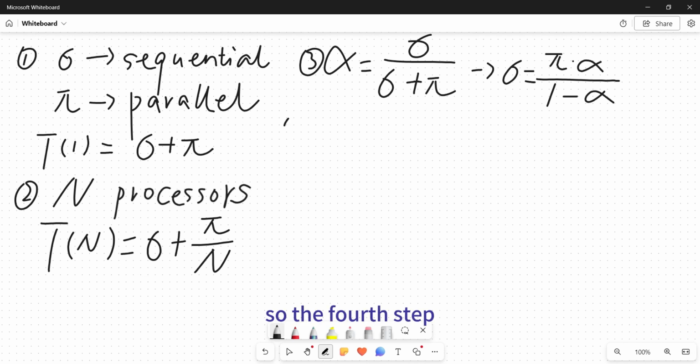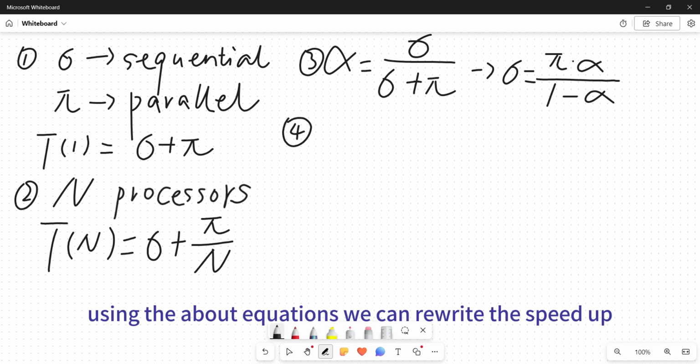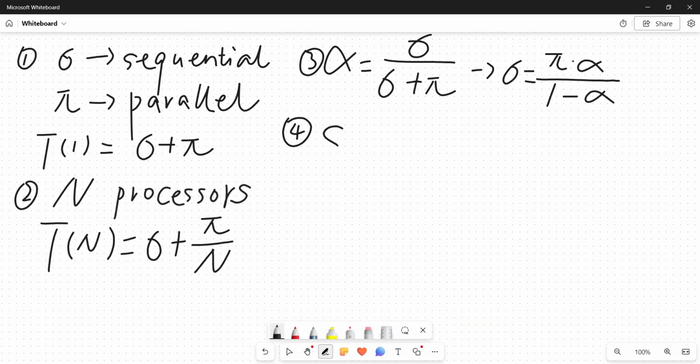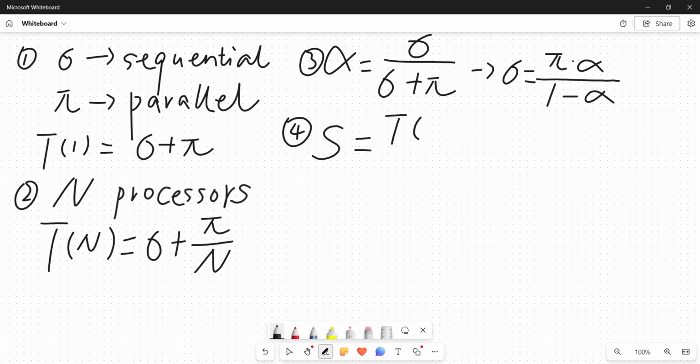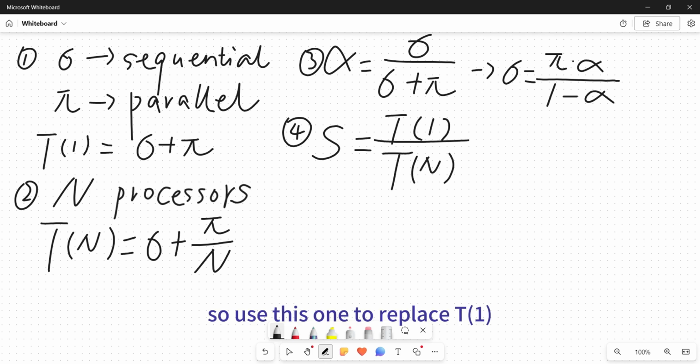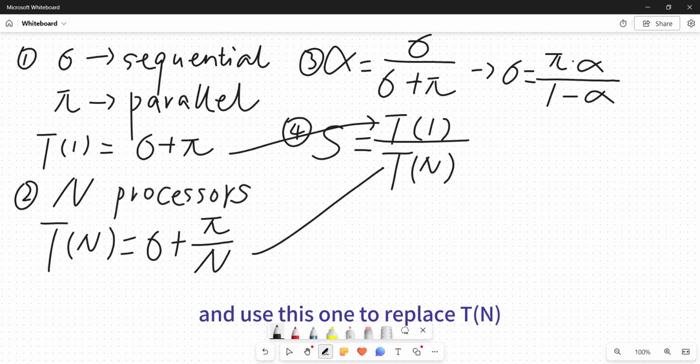So the fourth step, using the above equations, we can rewrite the speedup as S, which is the ratio of execution time on a single processor to the execution time on n processors, which equals T1 divided by Tn. So we use this one to replace T1 and use this one to replace Tn.